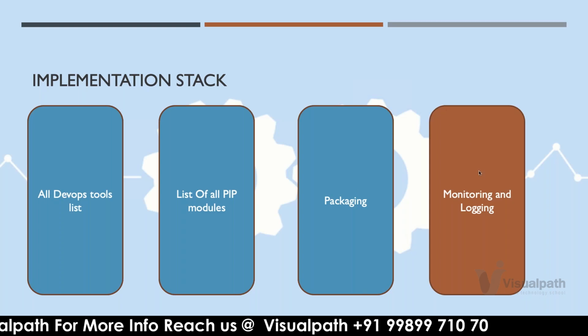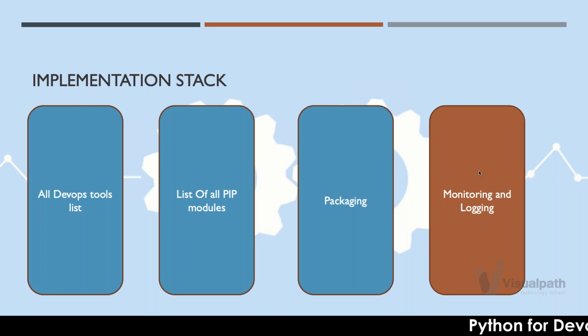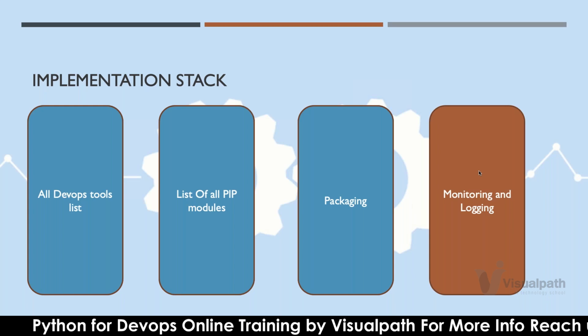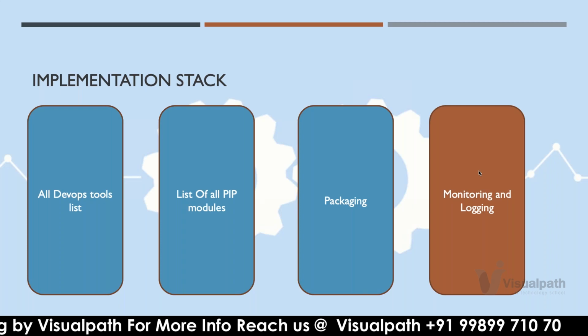Then monitoring and logging. Once you are done with the automation, how do you monitor it? If it is running for a lifetime, you need to have monitoring and observability on top of it, right? So how will the monitoring happen, how will the logging happen? These are various concepts, but the similarity between all of them is that everything is code.